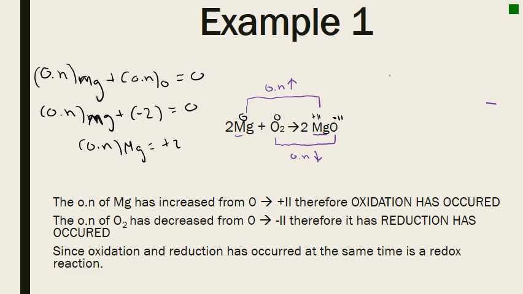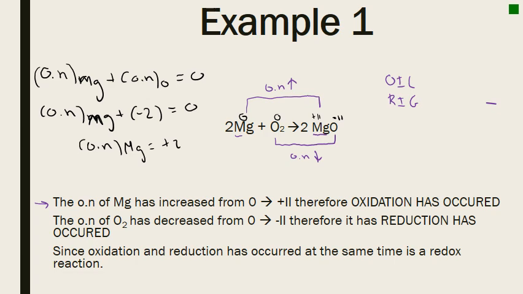So remember our acronym, OIL RIG. Oxidation is loss of electrons, and for it to go from 0 to +2, it must have had to lose electrons. So we write the oxidation number for magnesium has increased from 0 to +2, therefore oxidation has occurred.